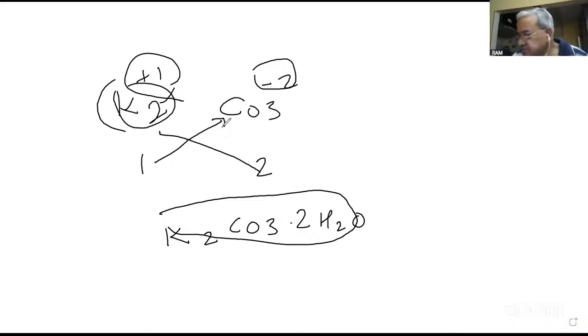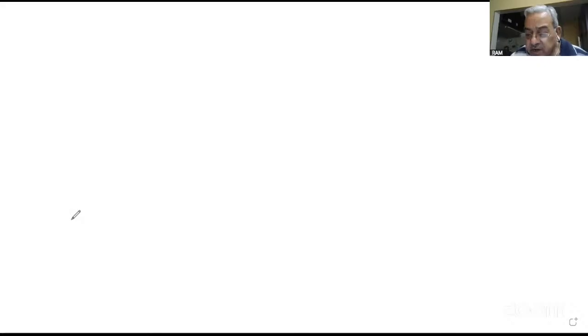The next, nitrogen triiodide. Iodine is 3, so NI3. It is not iodide, triiodide, yes, nitrogen triiodide.